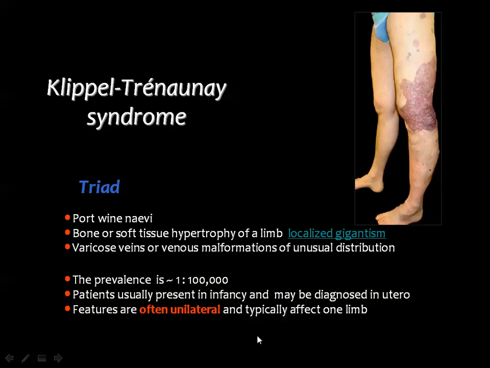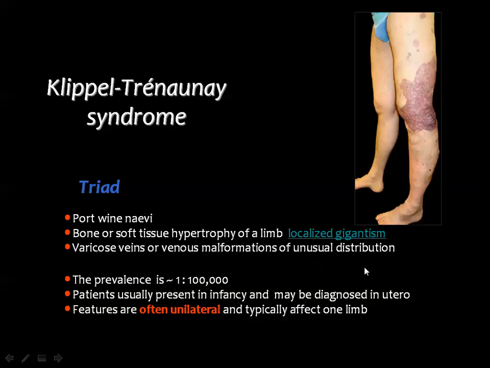Finally, Klippel-Trenaunay syndrome is a triad of port wine nevus, like this one, bone and soft tissue hypertrophy of the limb, and you compare this limb to the opposite one. This is referred to as localized gigantism. Then varicose veins and venous malformations of unusual distribution.